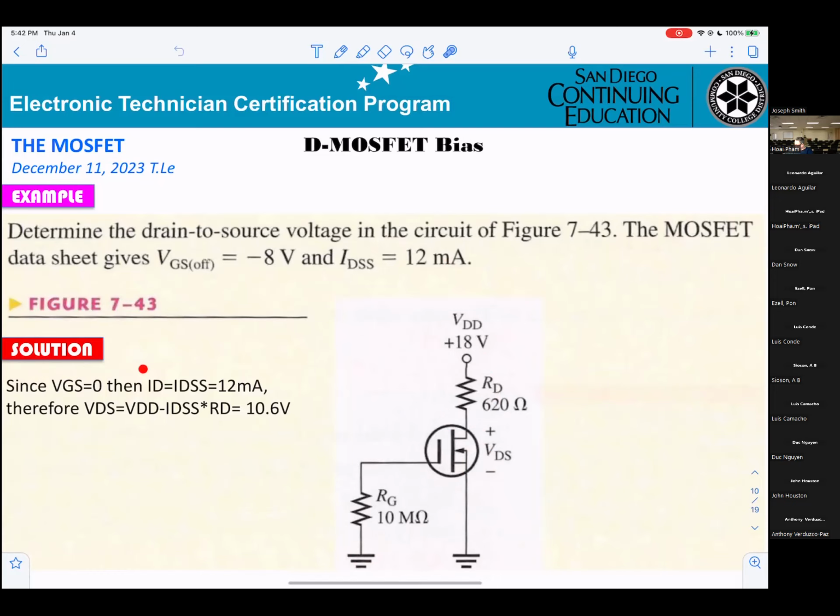So that's why ID equals IDSS equals 12 milliamp. Therefore, VDS equals VDD minus the voltage drop here, VDD minus IDSS times RD. The answer will be 10.6 volts.